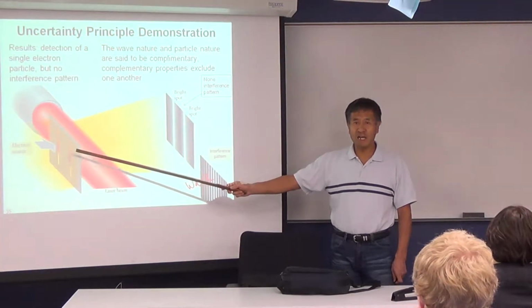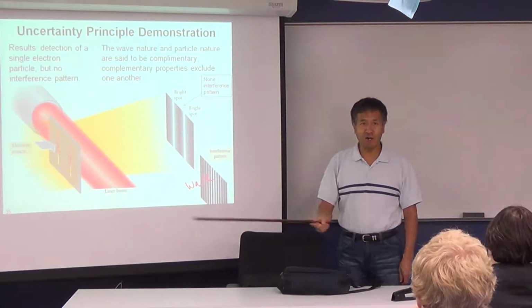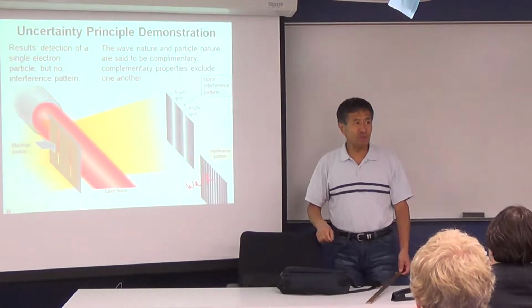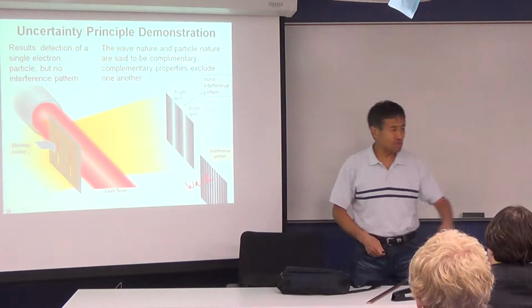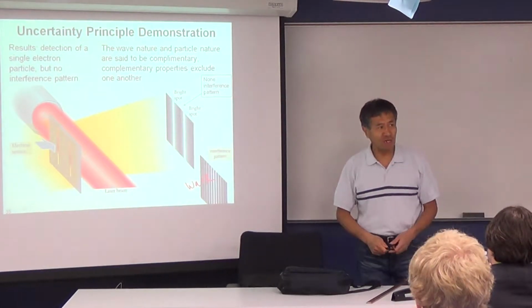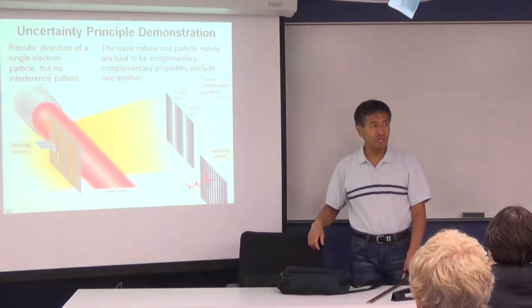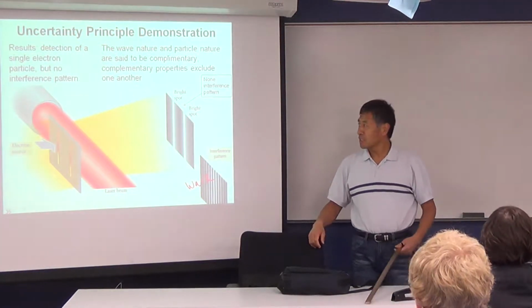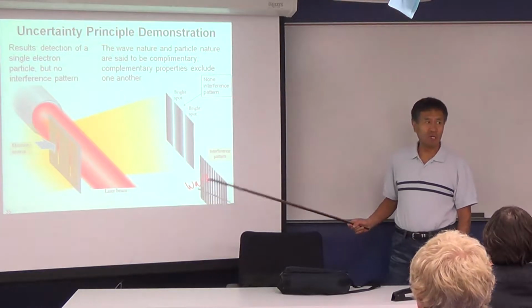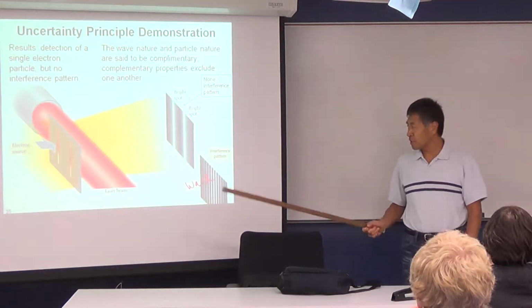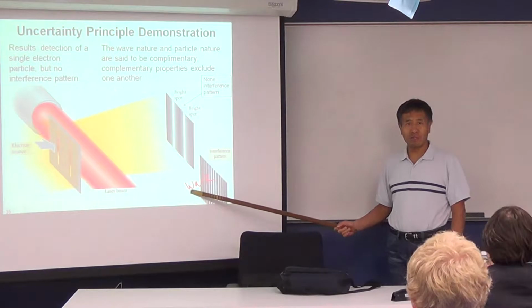Once you turn the electron source on, like the electron gun in the old television or computer monitors, not LCD or LED ones, then you lose the wave behavior. Right? You lose the wave behavior that the electron showed you.